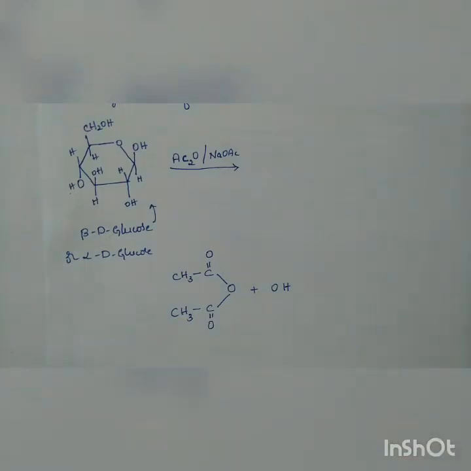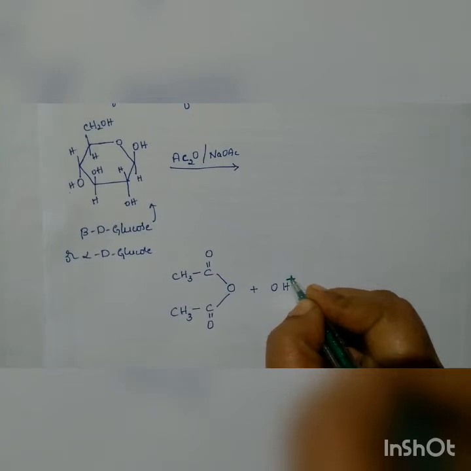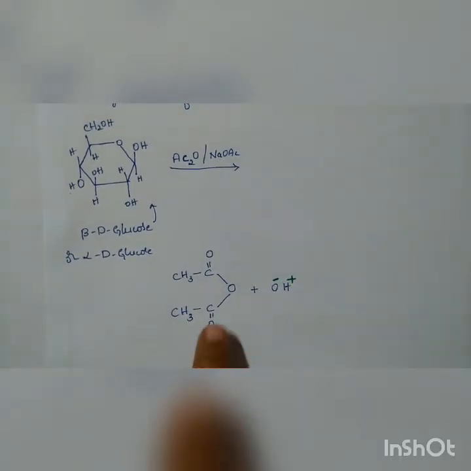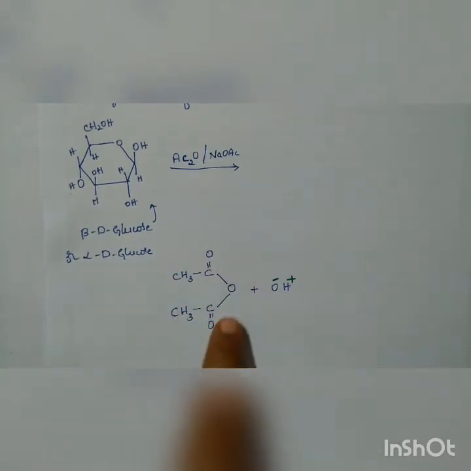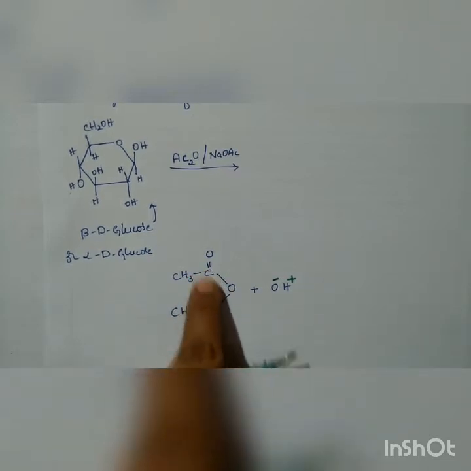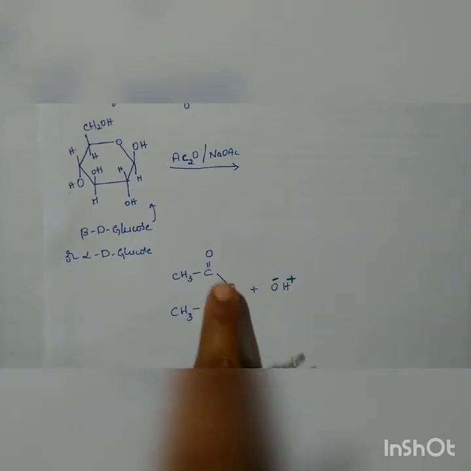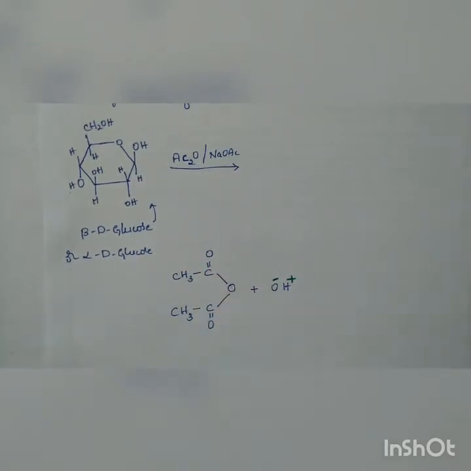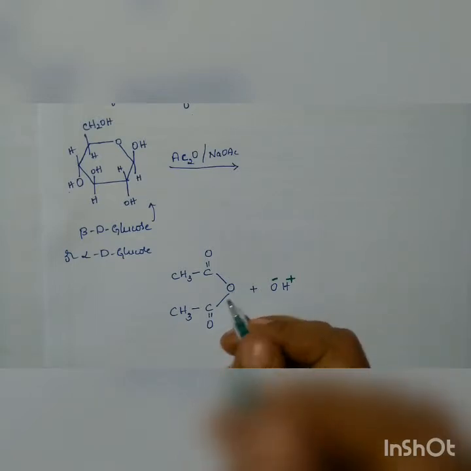So OH is going to dissociate as O minus and H plus. Here in the anhydride, you can break either this bond or this bond, because the bonding conditions are the same on both sides: here also C double bond O, here also C double bond O. The oxygen is more electronegative, so it pulls the shared pair of electrons towards its side.